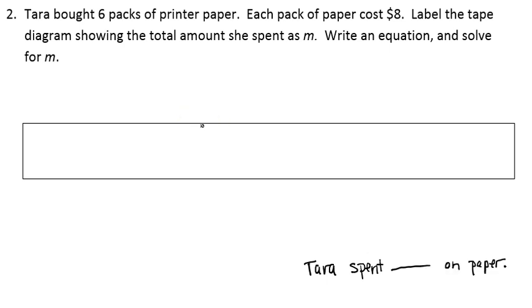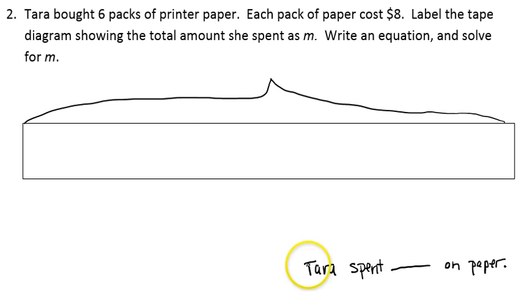blank on paper. Now this time we don't know the total, so we're going to show that as the total amount of money is m. That's what we have to solve for, is m. We do know that she bought 6 packs of paper, so we'll divide the tape into 6 groups.